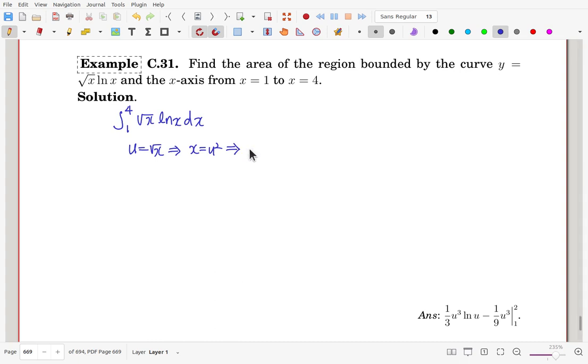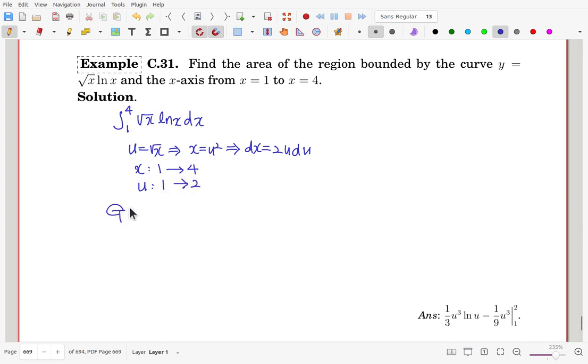And from this one, dx is the same as 2u du. Also, right now, x is moving from 1 to 4. That means u is moving, square root of x, so 1 to 2, right?